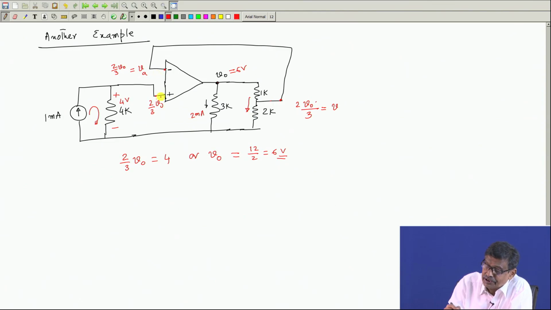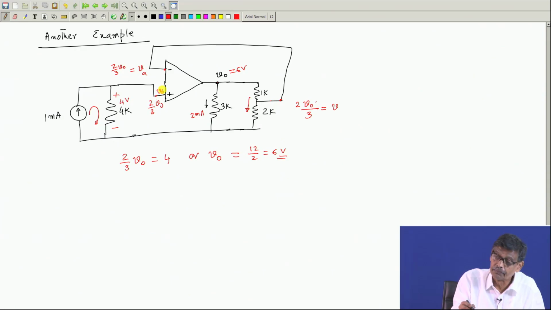Then this is the crucial thing: V A and V B should be equal, and the current drawn by the op amp is to be 0. That is the clause. It is much simpler than what we have solved earlier.